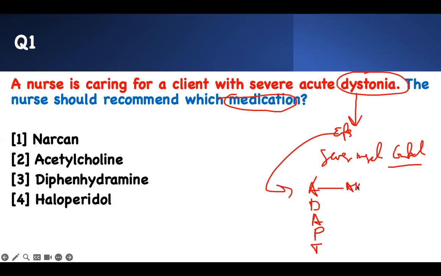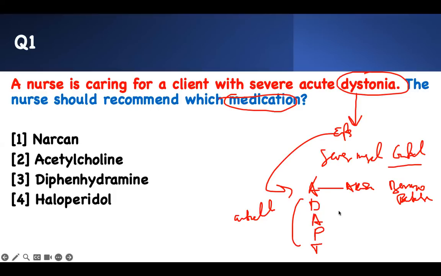For akinesia, mostly we like to use benzos, or beta blocker to slow you down. But most of this, anticholinergic is good. You can also use anticholinergic for akinesia, but benzos and beta blockers are good.